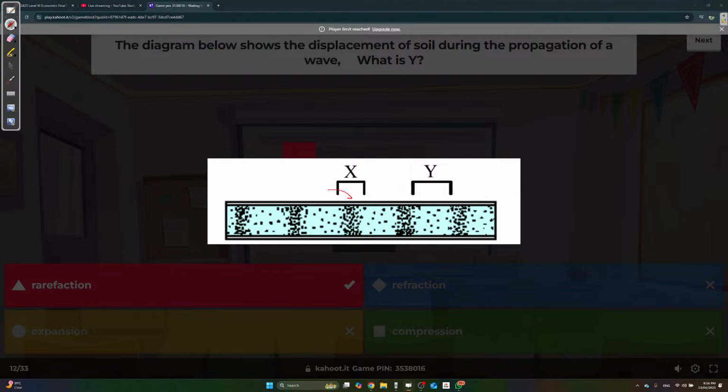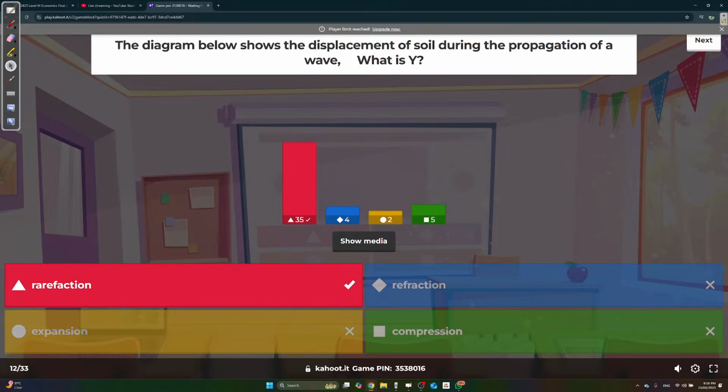X is compression, when they're compressed all together. Y is rarefaction. I put the other option, refraction, on purpose to mix you up, because they also put it in the exam. Refraction is different from rarefaction.